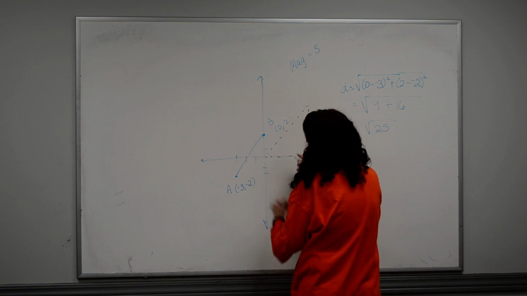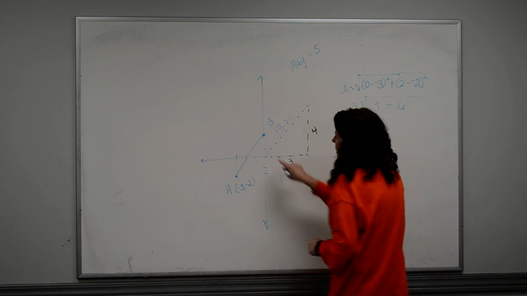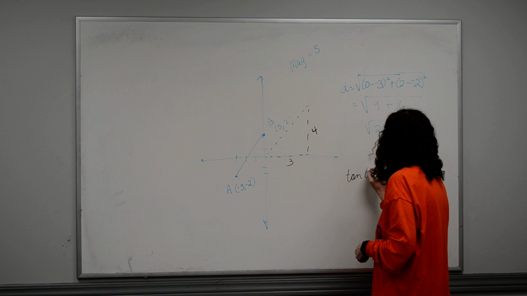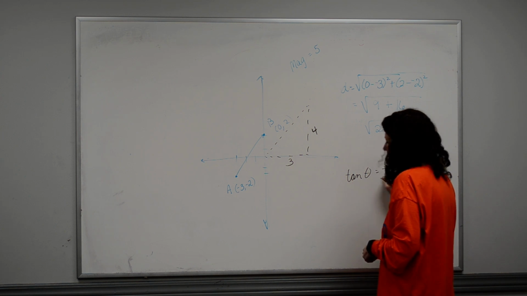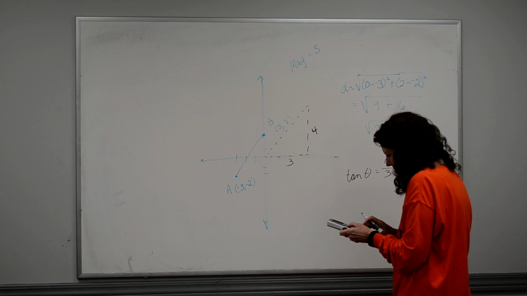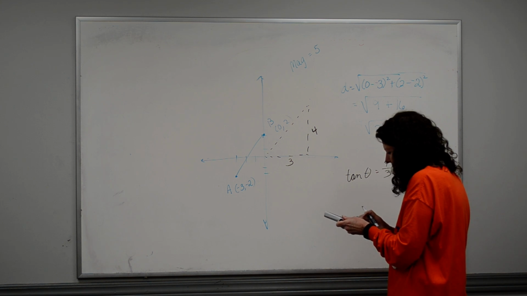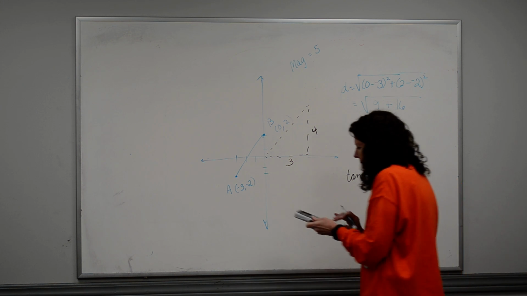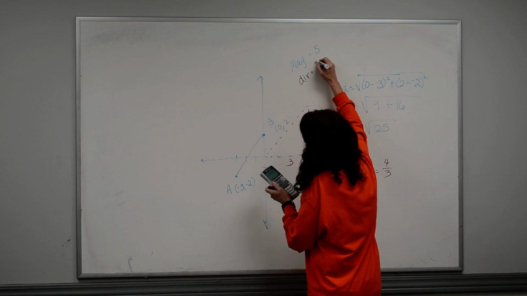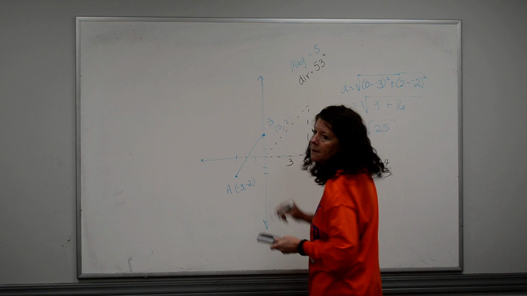From negative 3 to 0 is 3. So now I do the tangent here. The tangent of theta is 4 over 3. So I need to do the inverse tangent of 4 divided by 3. And that's going to give me a direction of 53 degrees.